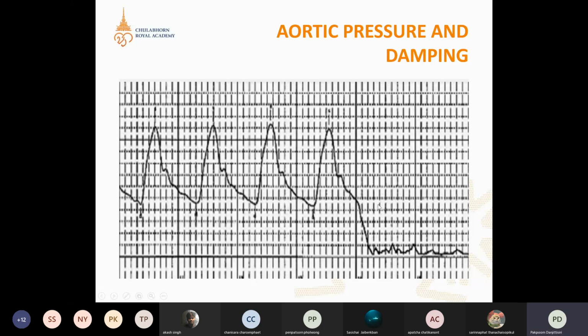If the pressure shows like this, you always have to notify the doctors that the pressure is damping, to let the doctor know and try to re-engage again.